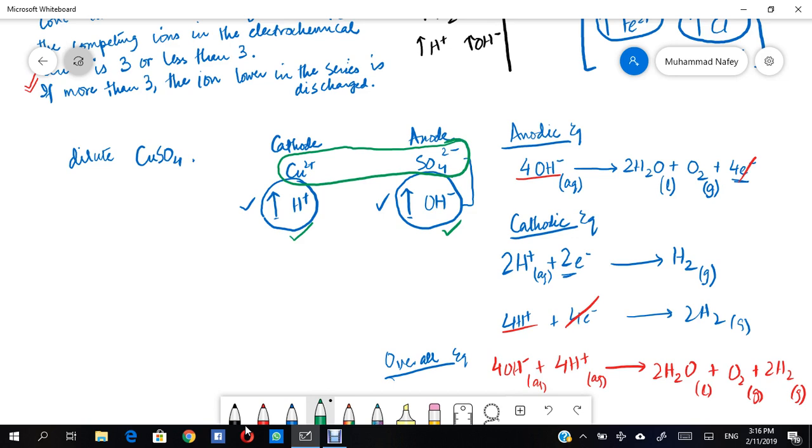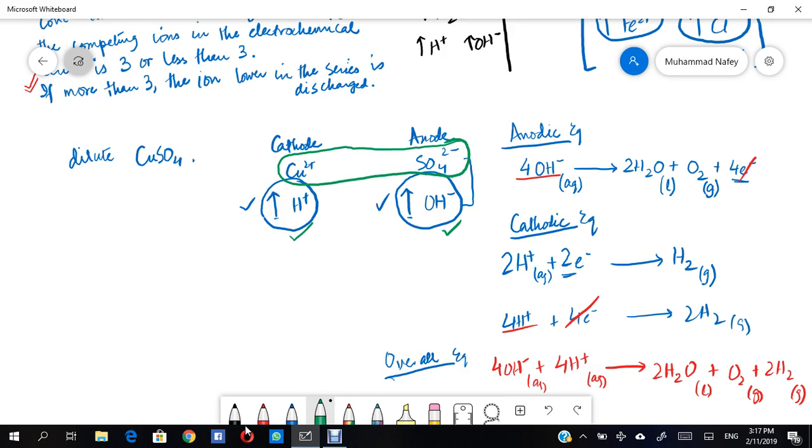Therefore, the first observation that we will see if we perform such an electrolysis is that the solution is going to become more concentrated. We know that the color of copper sulfate is blue. Therefore, as more and more hydrogens and hydroxides are lost, the blue color of the solution will become more prominent.